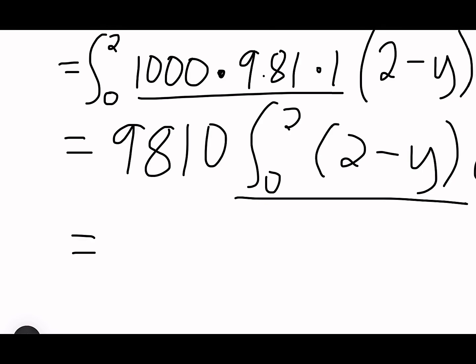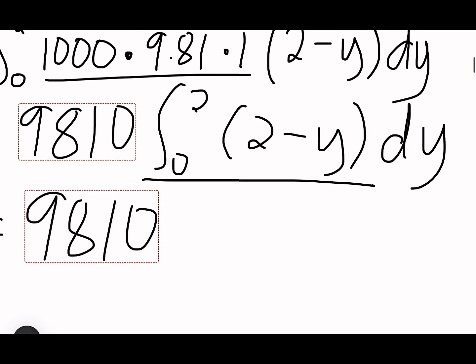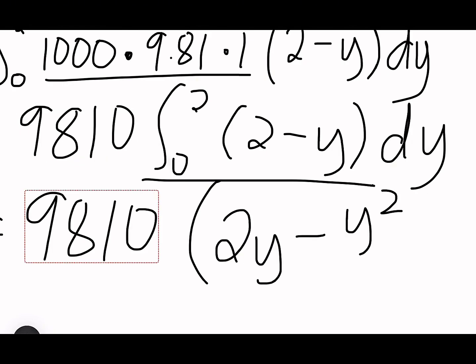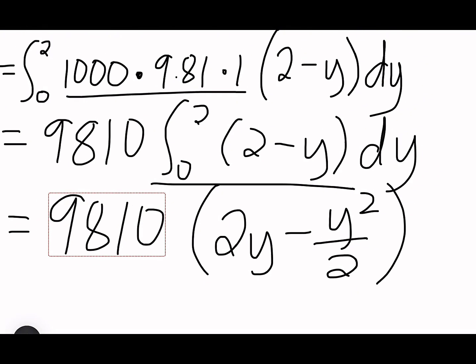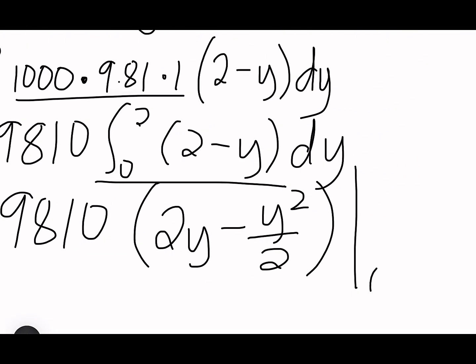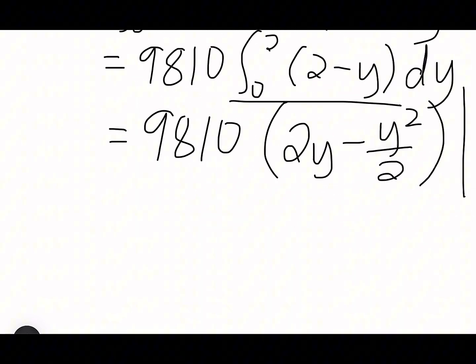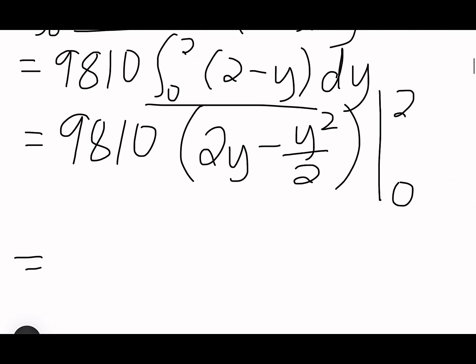Just copy the constant, and then the integral of 2 is going to be 2y, and the integral of y is going to be y squared over 2. And then don't forget to evaluate this.